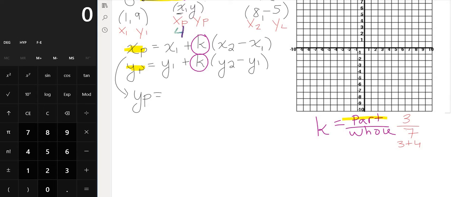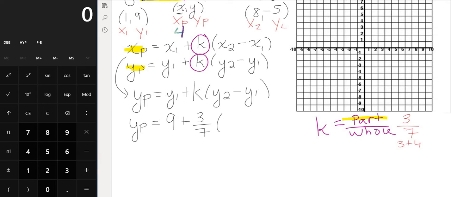YP equals Y1 plus K times Y2 minus Y1, plugging things in. YP is what we're looking for, so we don't plug anything in there. Y1 is 9. K is 3 over 7. Y2 is negative 5 minus Y1, which is 9.